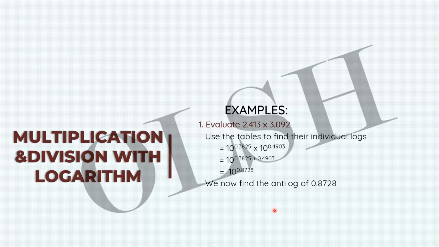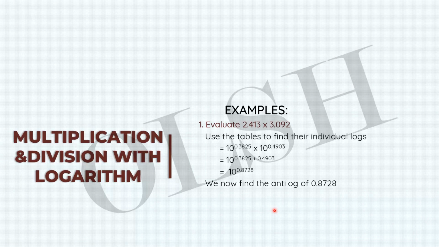So we raise 10 to their powers, which will give us this exact number. So 2.413 is the same thing as 10 raised to the power 0.3825. If we simplify this, remembering the law of indices, the law of powers, we will have 0.3825 plus 0.4903, and then we will finally have 10 raised to the power of 0.8728.